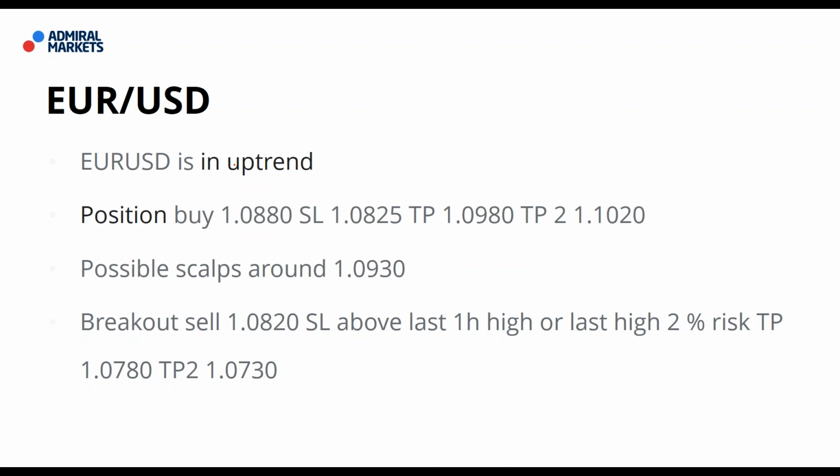You need to go with 2% risk. If that happens, TPs are 1.0780 and TP2 is 1.0730. So what I think is that euro dollar could go around 1.0880 in a positional trade, and of course 1.0930 is a scalp trade. You should watch for those possible setups.